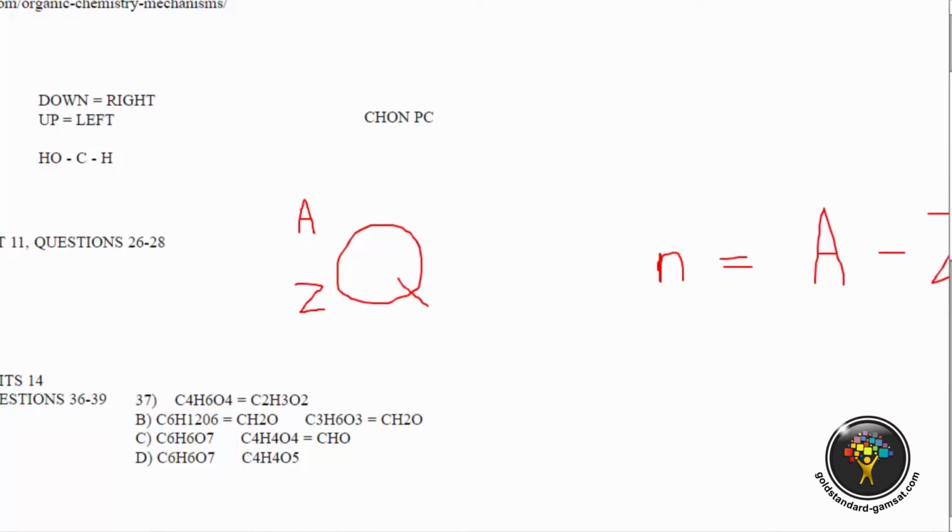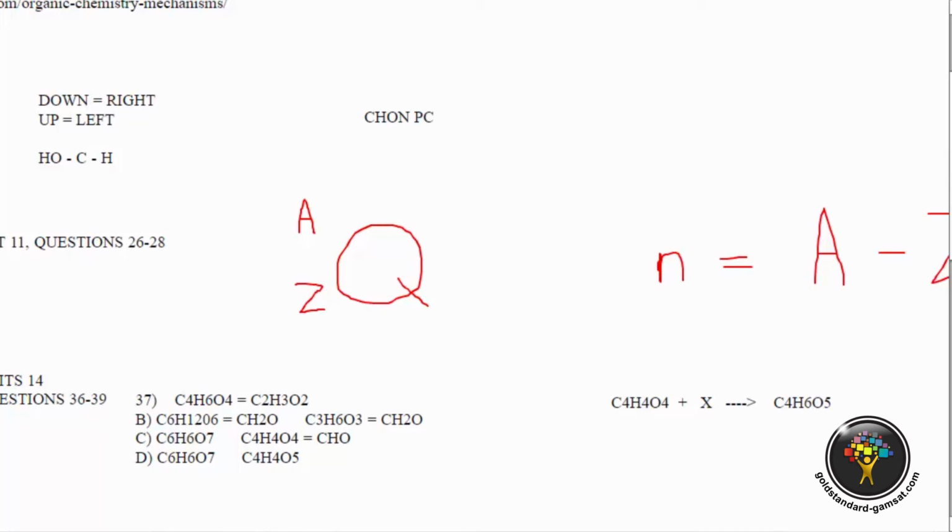So let me look at the reaction making malic acid from fumaric acid. Okay, so let's just write a little bit what that reaction means. Okay, so there's the reaction.